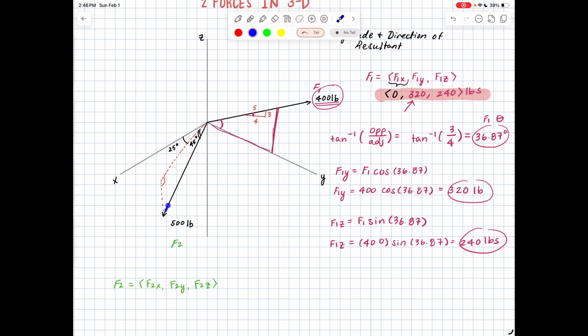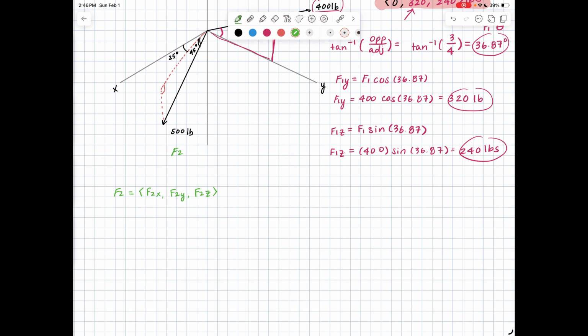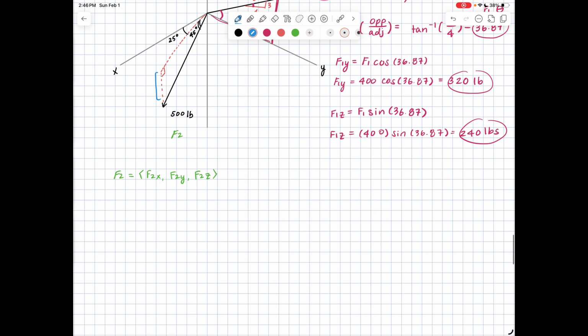So to get our z value, what we can do is try to obtain this vertical line over here. We know that to solve for that vertical line, I'm going to have to take the magnitude. So again, we're solving for F2z over here.